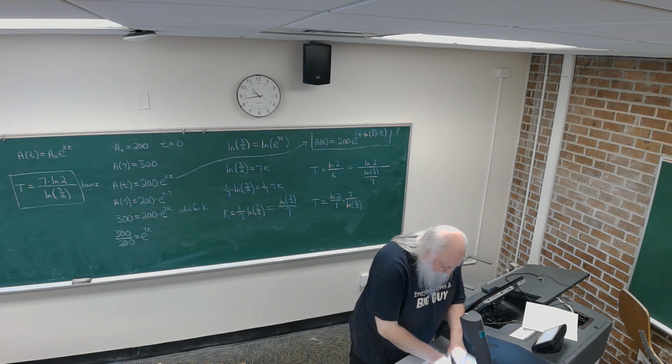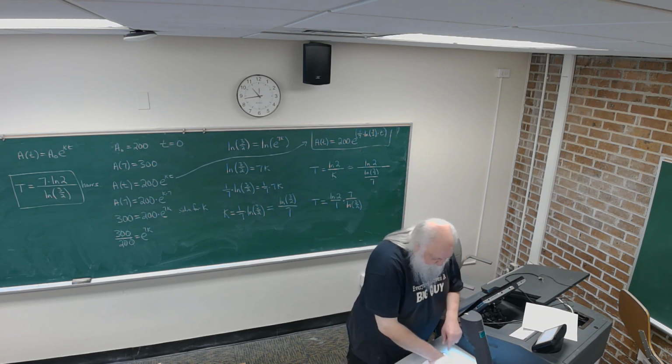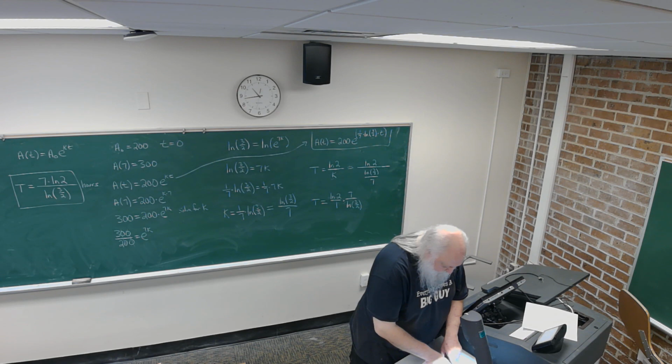For the time to double, it's the natural log of 2 over K. For the half-life, it's minus the natural log of 2 over K. And if you solve this equation for K, you get the decay rate is equal to minus log 2 over the time it takes for the substance to decay in half.